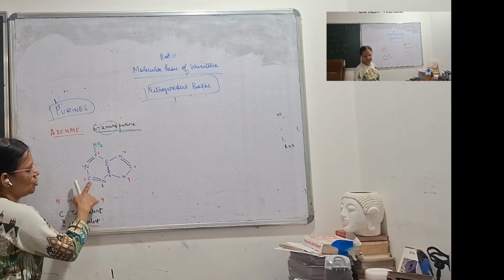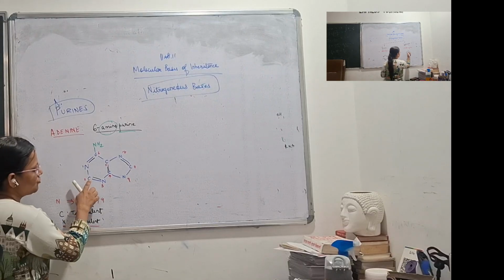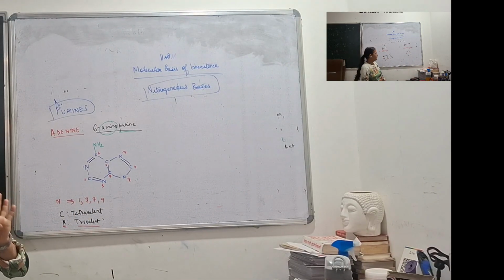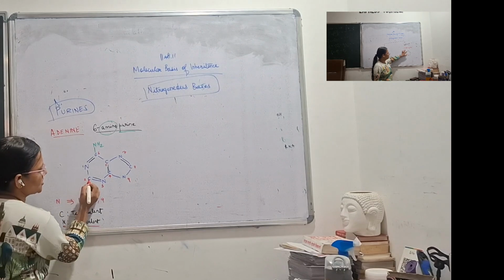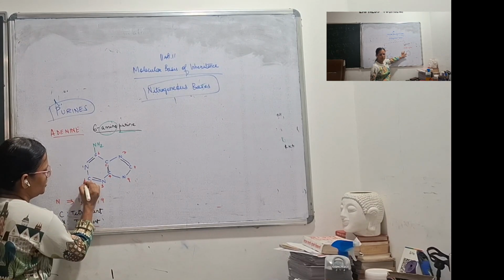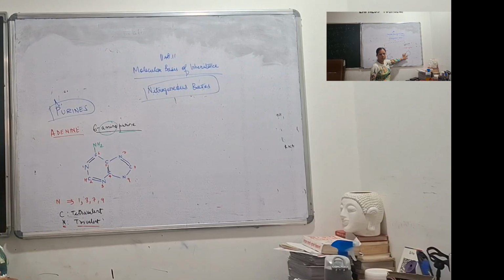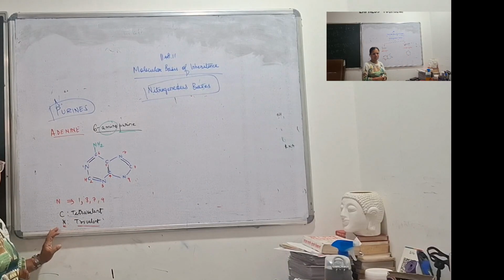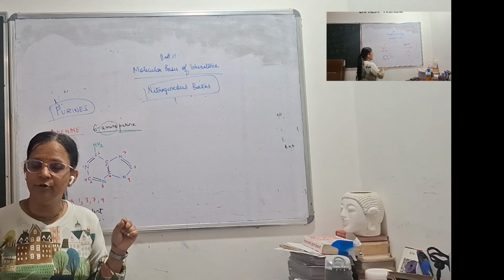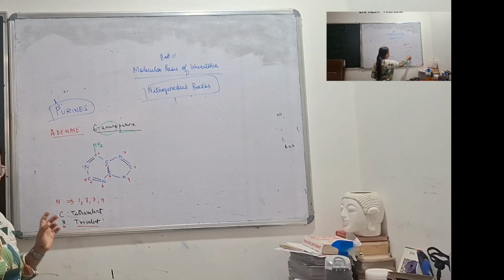Now let us move on to carbon. Carbon is tetravalent, meaning it should form 4 covalent bonds. How many bonds is it forming? 1, 2 and 3. So the fourth you will write here as H. So wherever the valence is not getting satisfied, you will put H. That means it is forming a bond with hydrogen over there, right?